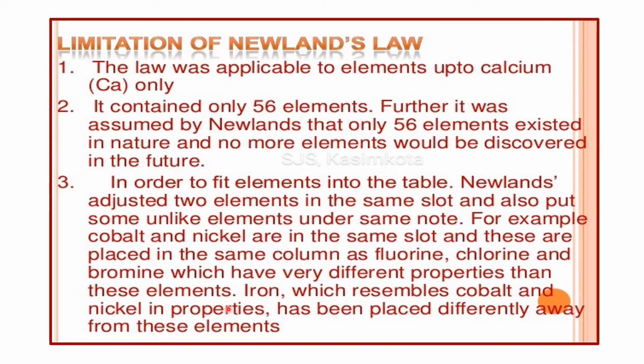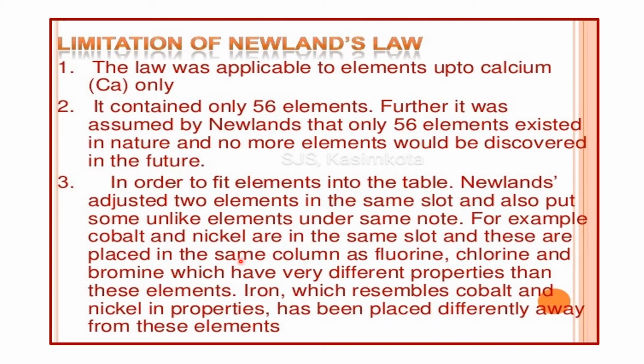Let me explain what is this. So here, to arrange 56 elements into the table, he has adjusted two elements together in the same slot, and in some slots he put unlike elements also under the same node. For example, cobalt and nickel were placed in the same slot. I am going to show in the next slide.